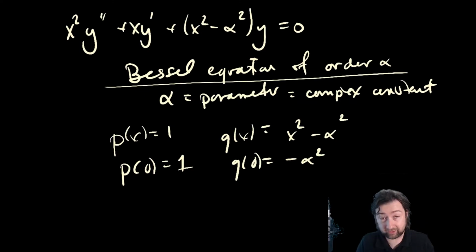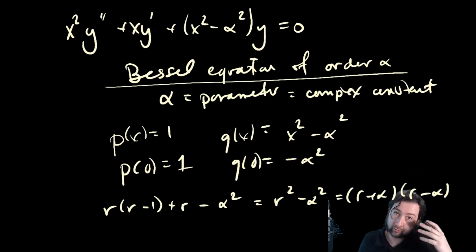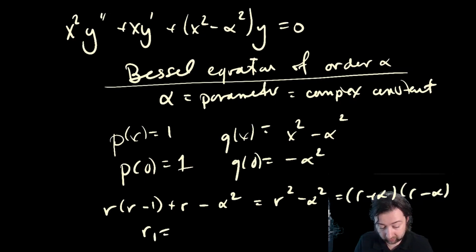And what we're going to see then is that the indicial equation is r times (r minus 1) plus r minus alpha squared, which turns out to factor as r squared minus alpha squared, which is (r plus alpha) times (r minus alpha). And that means that the roots of this equation are r1 is alpha and r2 is minus alpha.